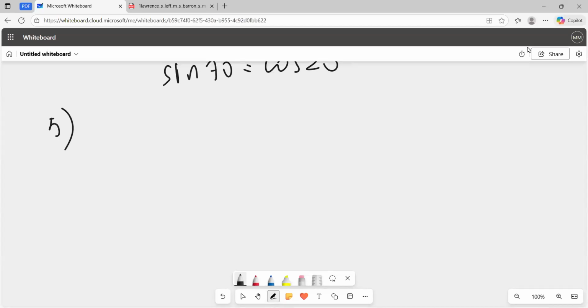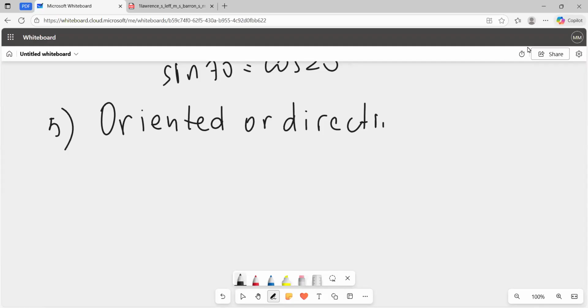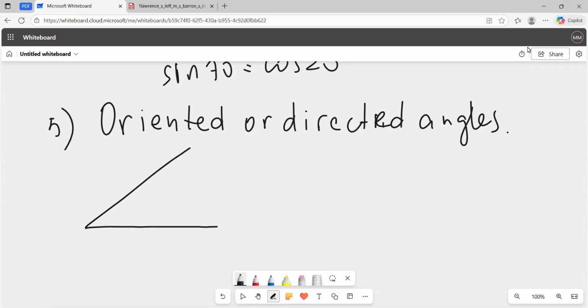Five. Oriented or directed angles. Consider that we have such an angle, and this is the starting side, and this is the terminal side.